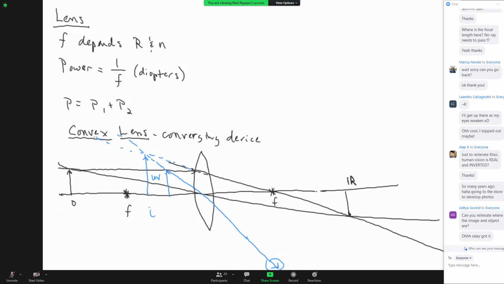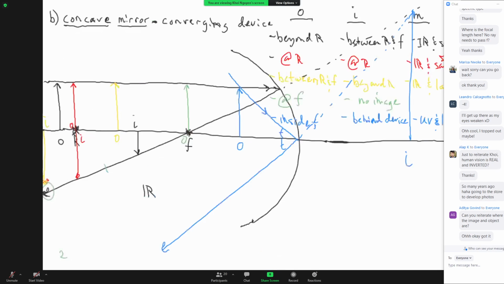So all these things that we said here for the concave mirror with the beyond R, at R, between R and F, at F, and inside F, this is also going to be true for your convex lens. I just didn't take the time to redraw the same things. I only drew the beginning and the end, so you can see that the whole spectrum is still going to be the same, except for a lens, it's always going to be on the opposite side to create a real image.